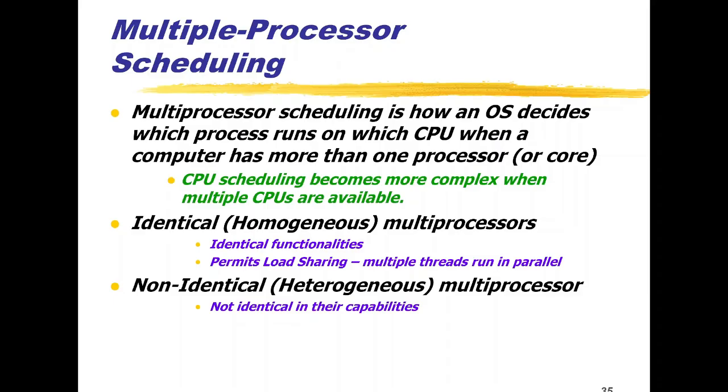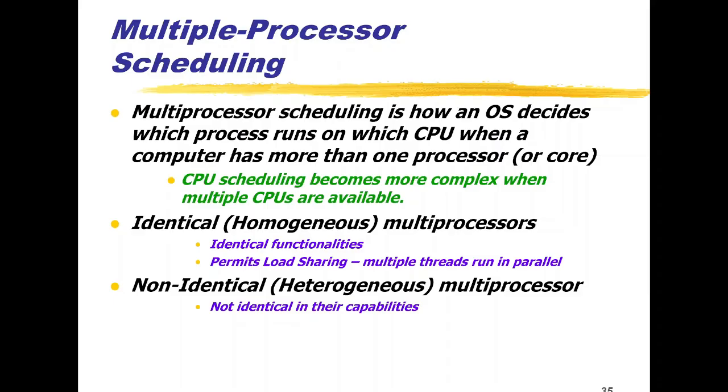CPU scheduling becomes more complex when multiple CPUs are available. So as you get more and more microprocessors, scheduling becomes more complex. Now, when we have identical multiprocessors, or what is called homogeneous multiprocessors, they have identical functionalities and permit load sharing among them. So you can run multiple threads in parallel among those multiprocessors.